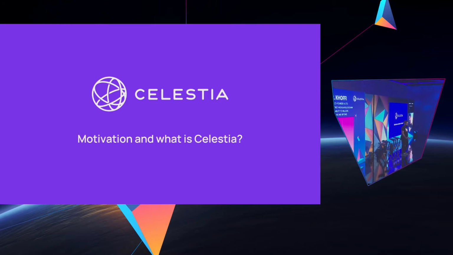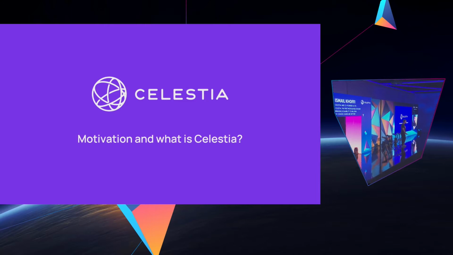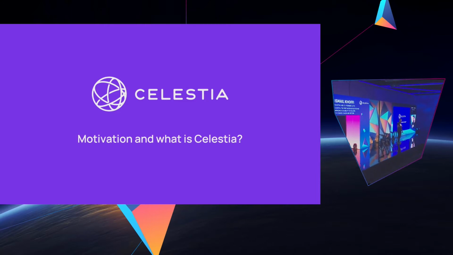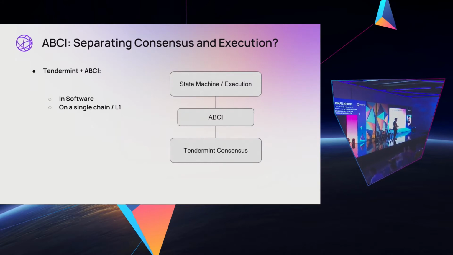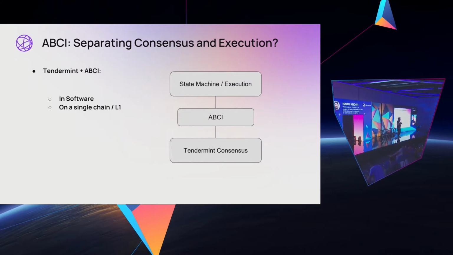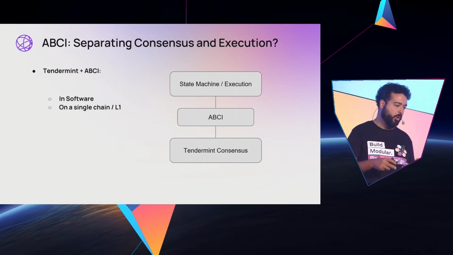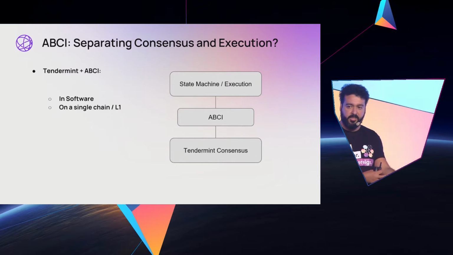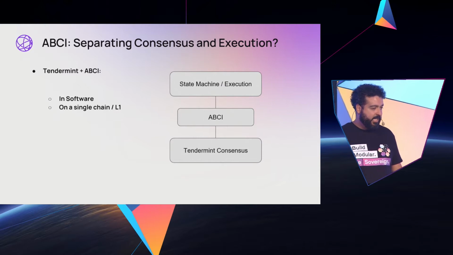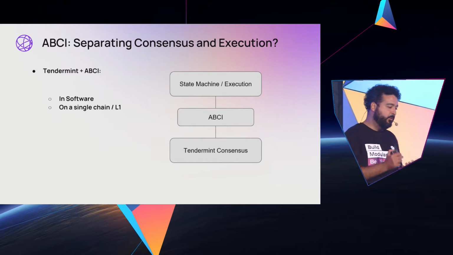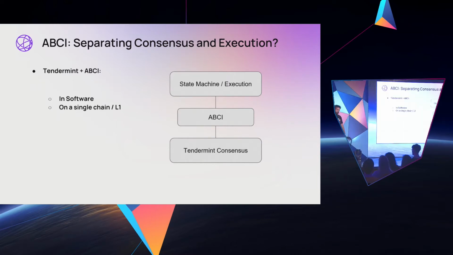So what's the motivation? Why Celestia? I'm going to start with something that most of you, at least the developers in the audience, are familiar with. Why it's easy to deploy your own application or your own app chain in the Cosmos is mainly because one of the main reasons, I think, is the separation of concerns in the software.